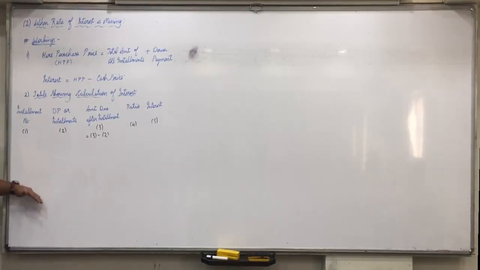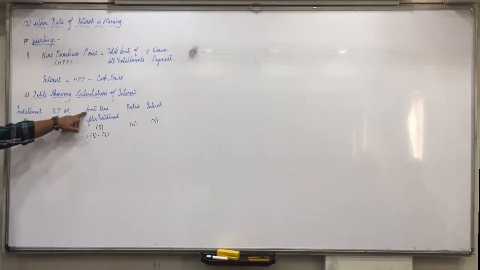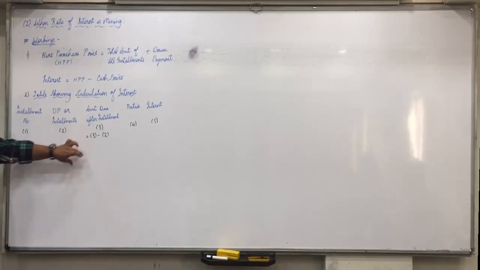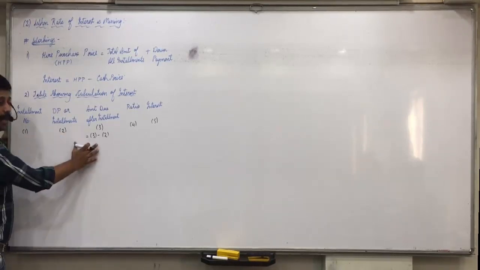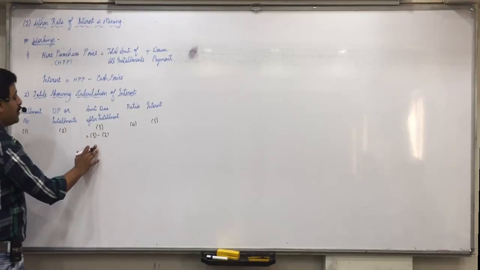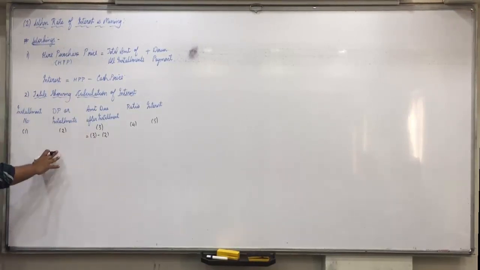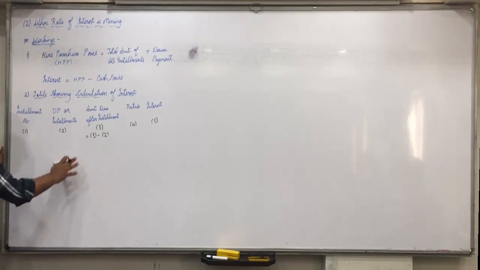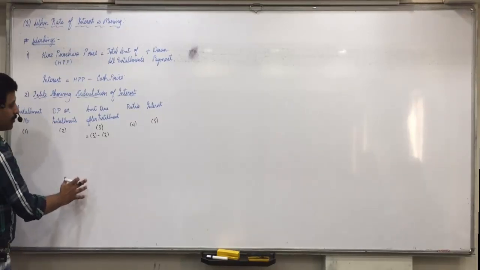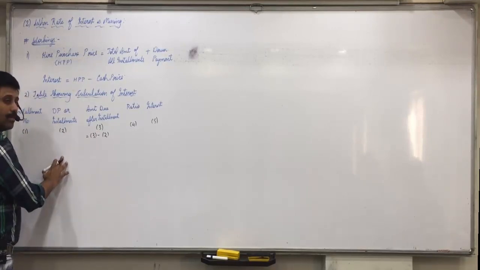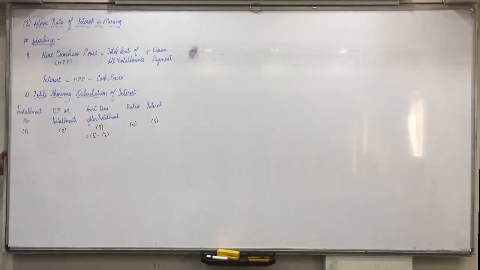That is the amount due in the first installment. Then from the second installment onwards, whatever is the pending amount in column 3 minus the amount in column 2. Once we solve the question, you will understand exactly what it is. Is everyone clear with this?